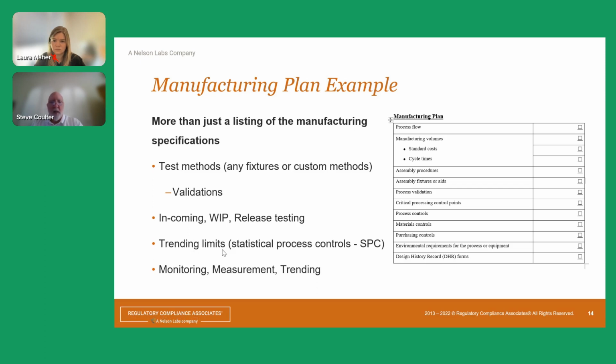You don't run the tests, wait for the results, and then say, well, let's see what makes sense here. No, you specify how you're going to treat this data. It's all part of the monitoring, measurement, trending. This is all about control and precision. And that's how manufacturing optimizes its costs, with control and precision. So that's why it's so critical.